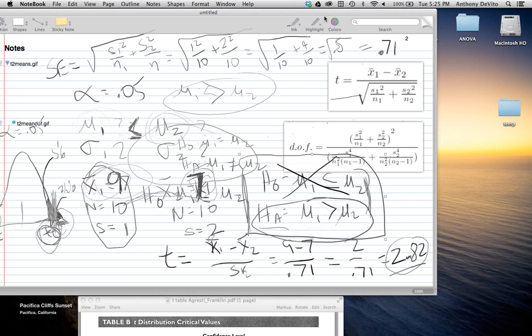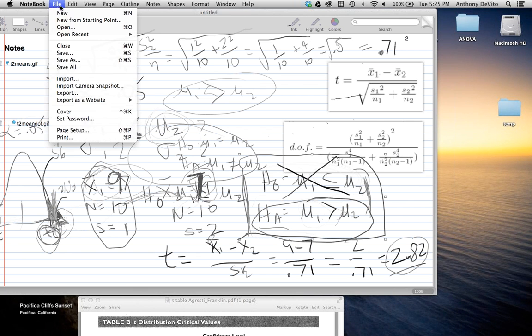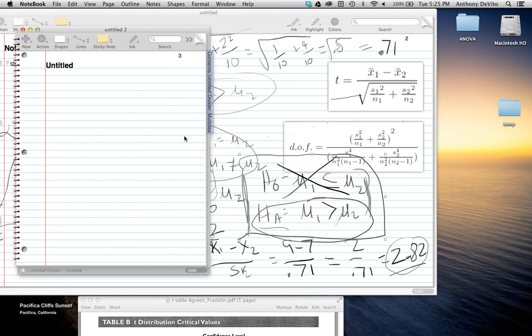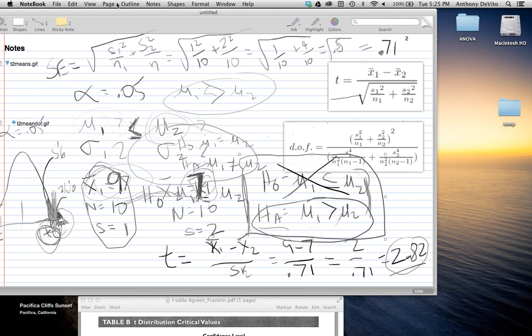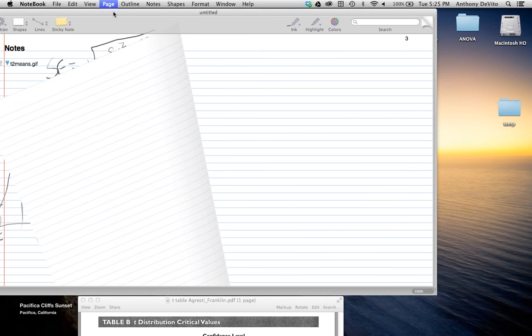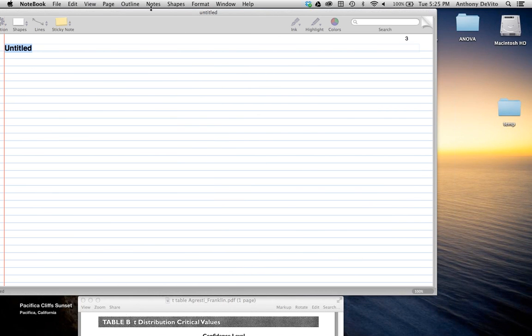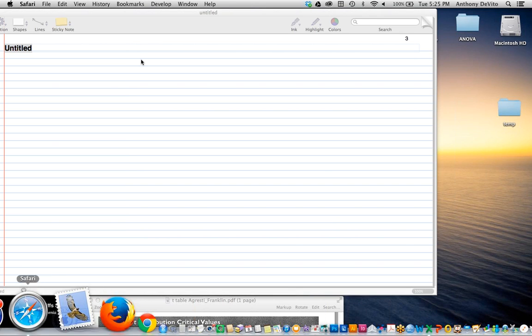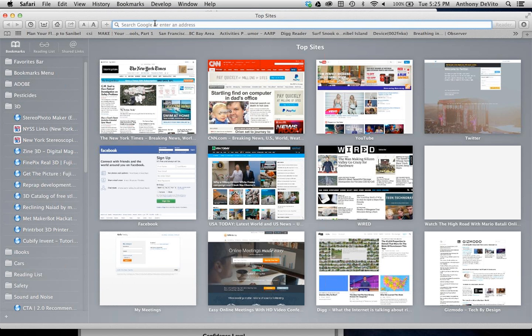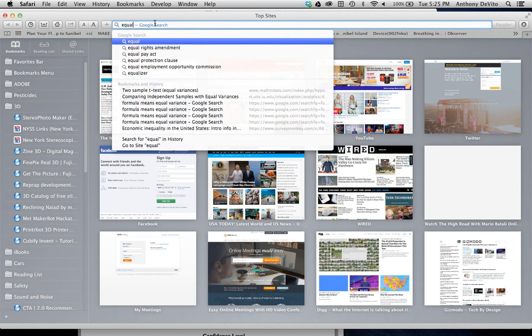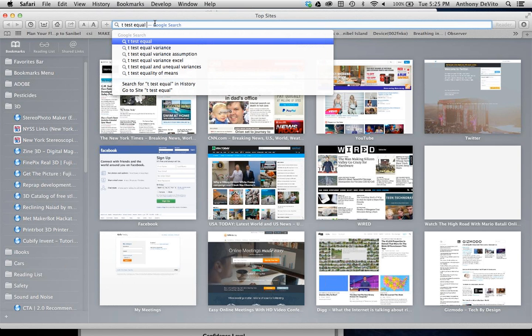Okay, so now let me get a new problem here. I want a new page. Okay, and I just want to see quickly if I can find a formula. Okay, equal t-test, equal variance.